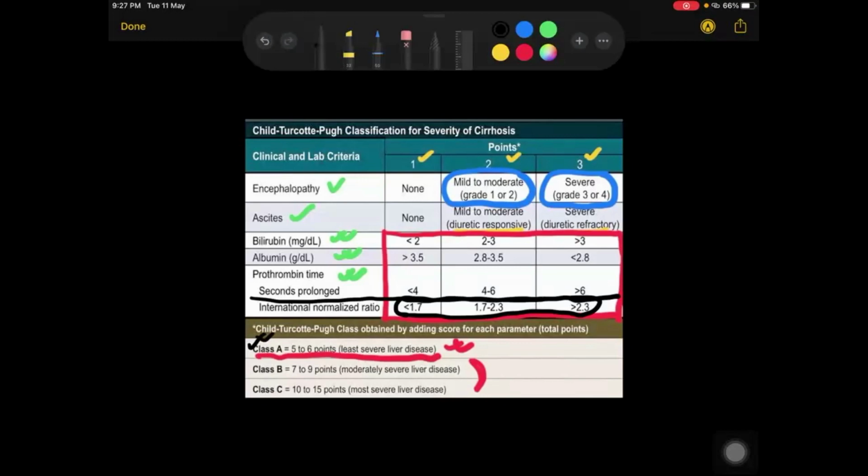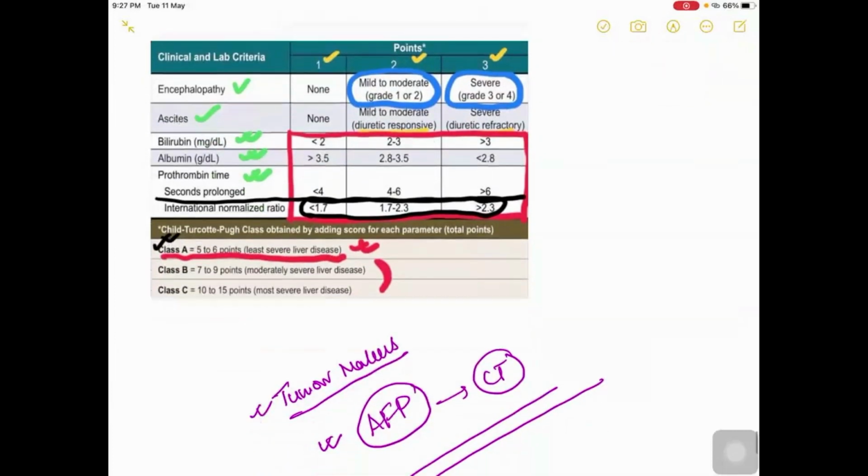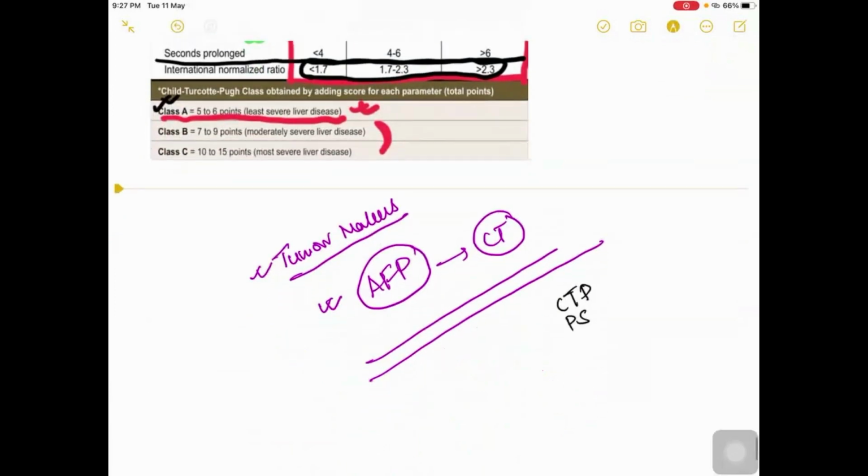Now, the clinical implications of a Child-Pugh score come in patients, especially with hepatocellular carcinoma. There are a few things like your Child-Pugh score, then your performance status, that is your Karnofsky or ECOG. Now, when you combine this, you will get your Barcelona criteria.